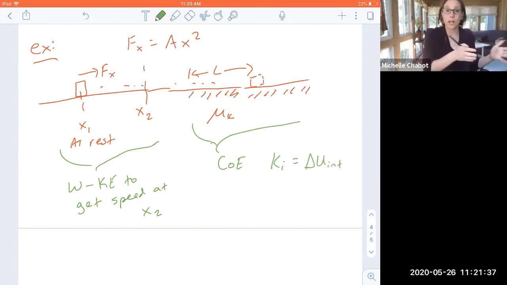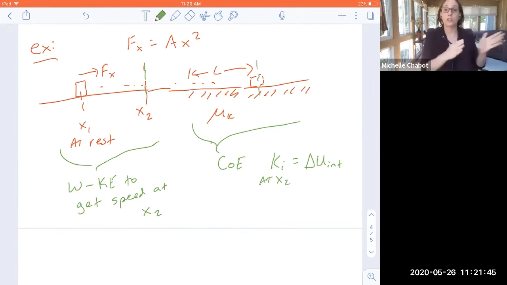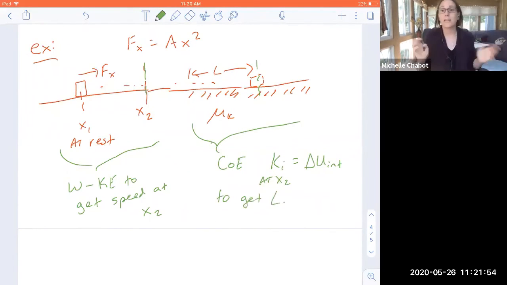So you have some initial kinetic energy at x2, and then your final location is where it stops. You do conservation of energy, and the goal there would be to get the length that it traveled in the rough patch, because it has the same kinetic energy at x2 that it had going into the rough patch.